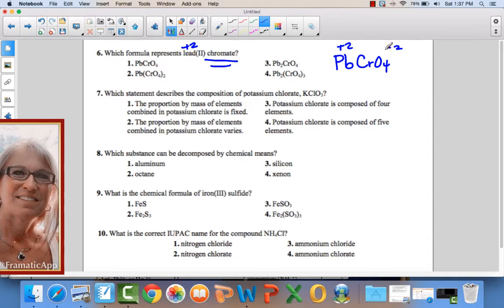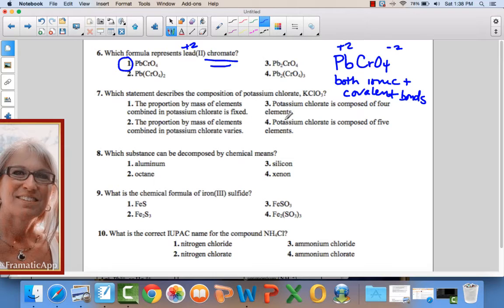So this is 1-to-1, so it's simply PbCrO4. Remember, anything that contains more than 2 elements contains both ionic and covalent bonds. If it asks name the 2 bonds or both bonds, then it's always going to be ionic and covalent.